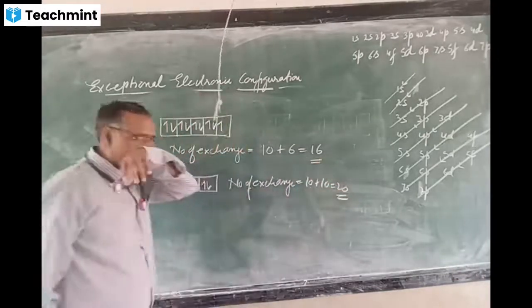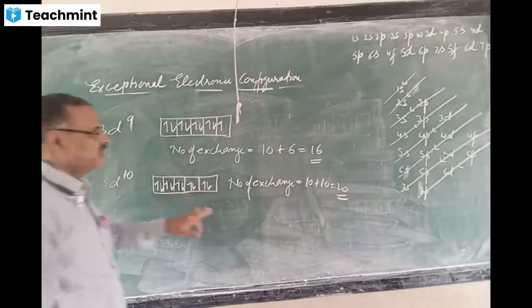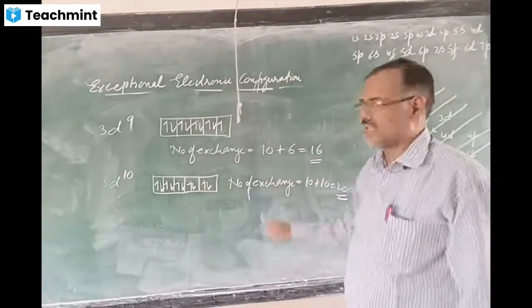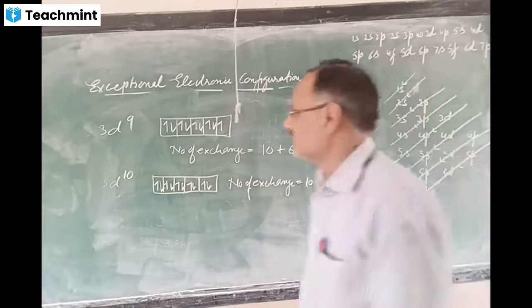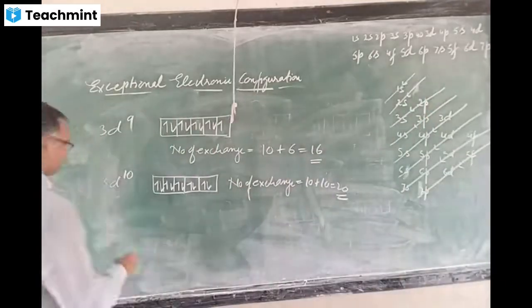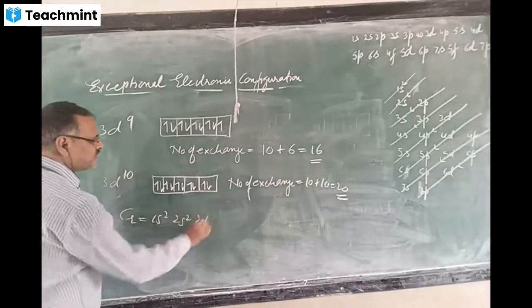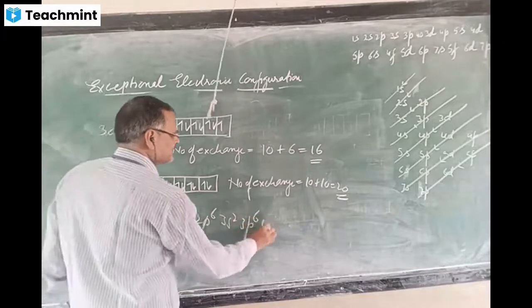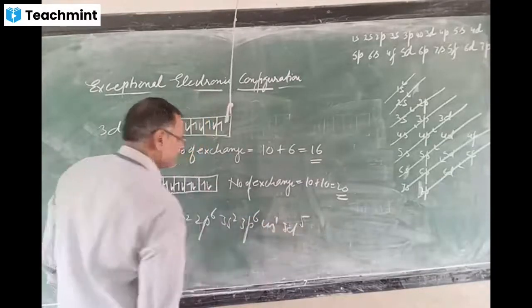So if you compare copper in 3d9, you will get 16 exchanges, and when you take 3d10, you are getting 10 exchanges. That's why in the case of chromium and copper, if you write chromium as 1s2, 2s2, 2p6, 3s2, 3p6, 4s1, 3d5, this one is correct.